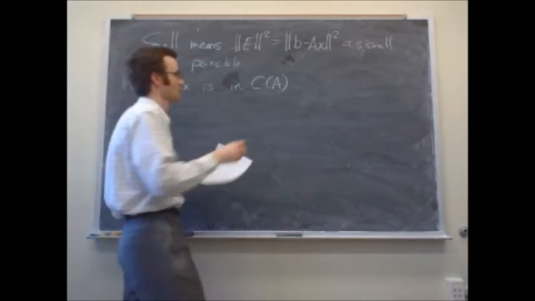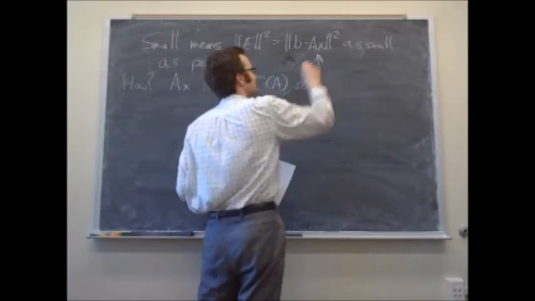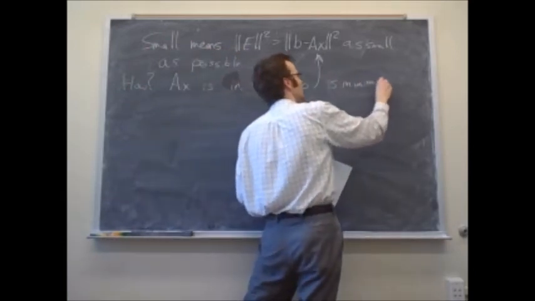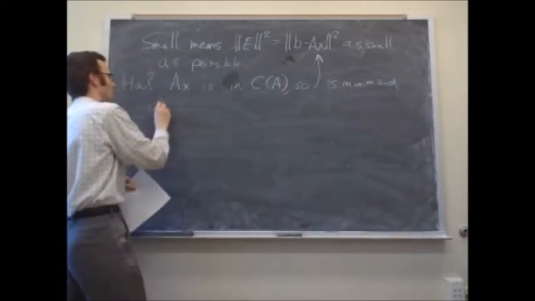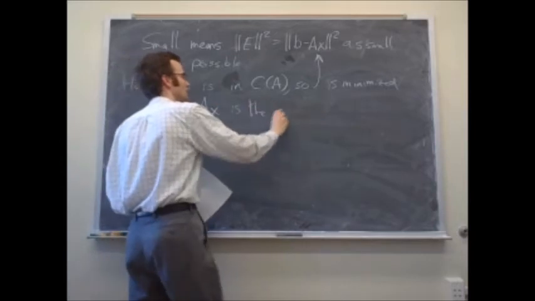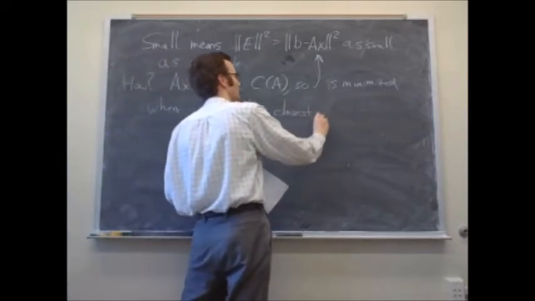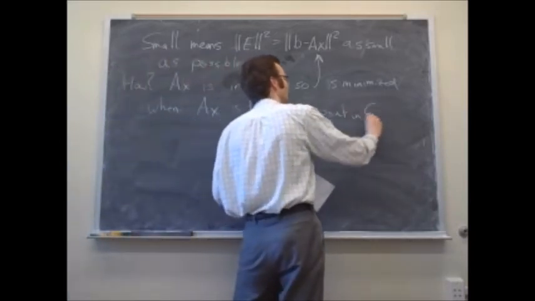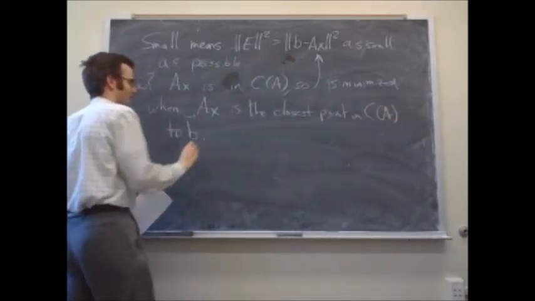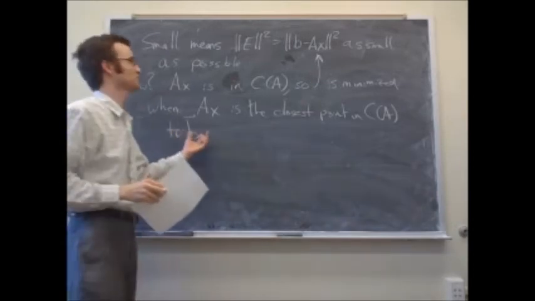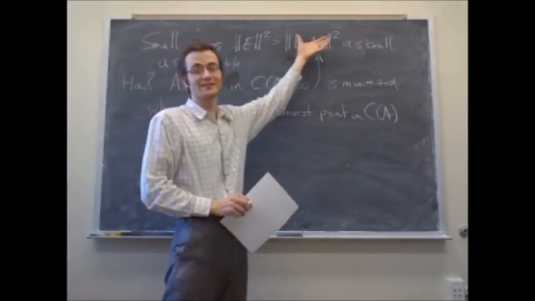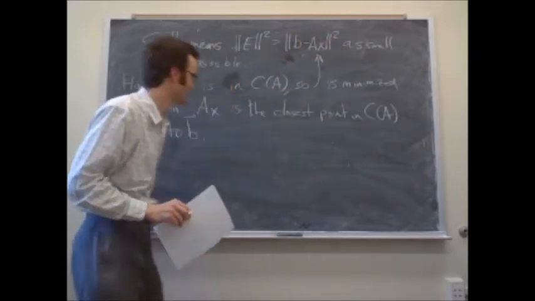So this is minimized when AX is the closest point in the column space to our vector B. Because if it's the closest point, this is going to be the smallest possible vector, which will mean that this norm is as small as possible.